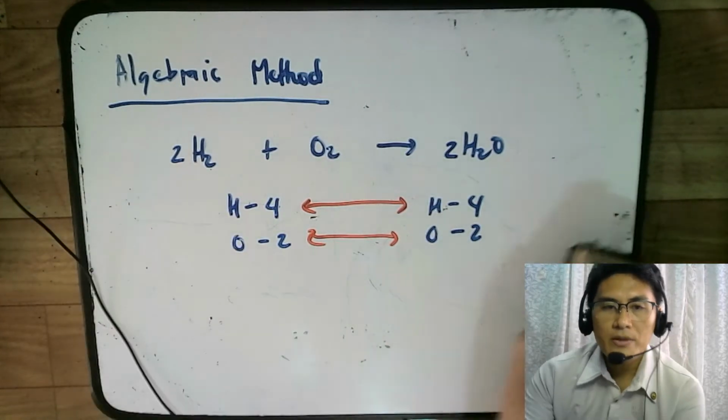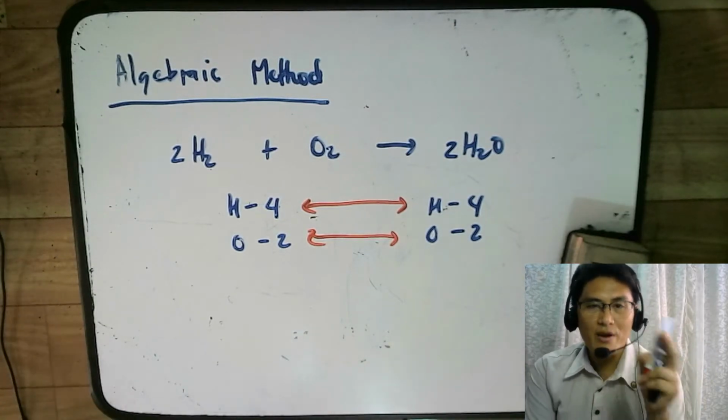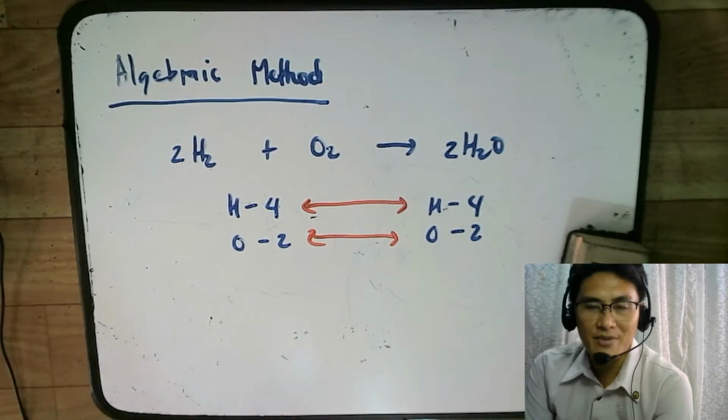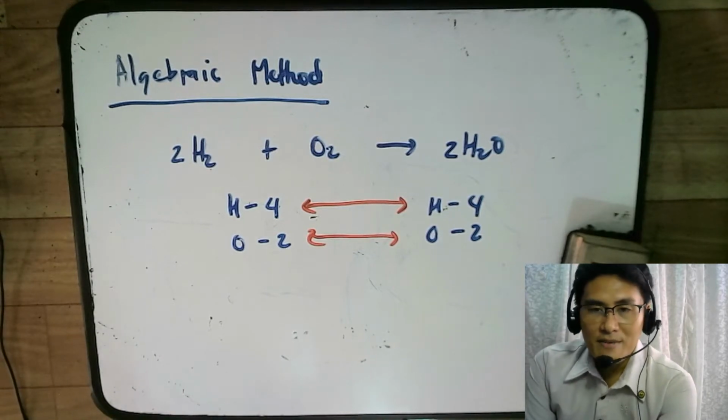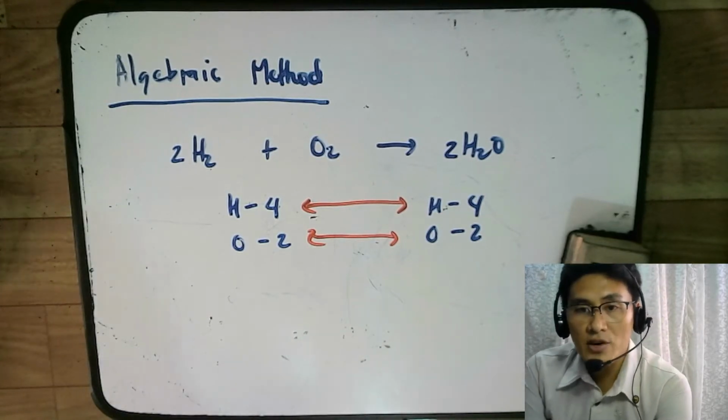In algebra, if we don't know something, we replace it with a variable, like 2x equals mx plus b or something like that. So we replace unknown numbers by variables.